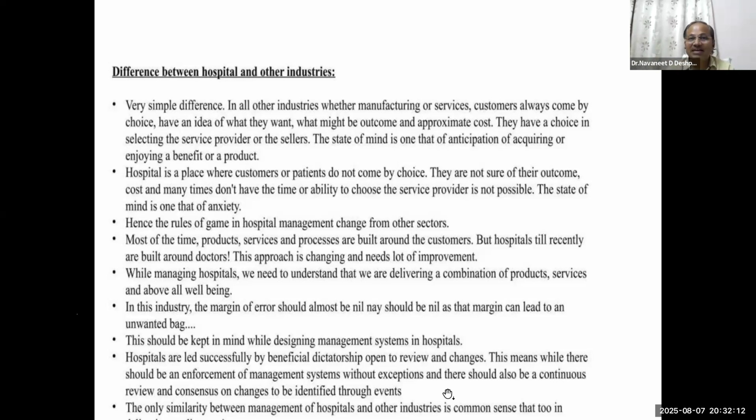All those things have to be identified through several events with certification badges, passes, and whatnot.